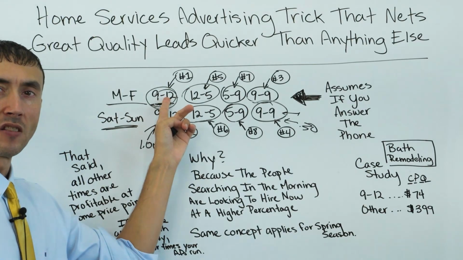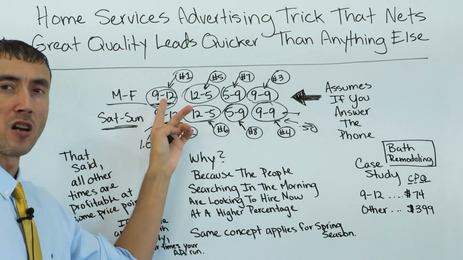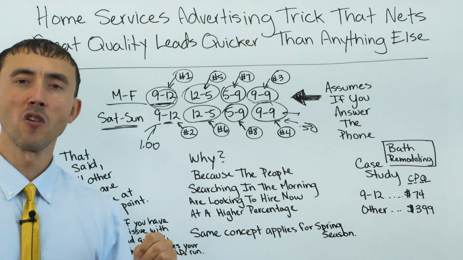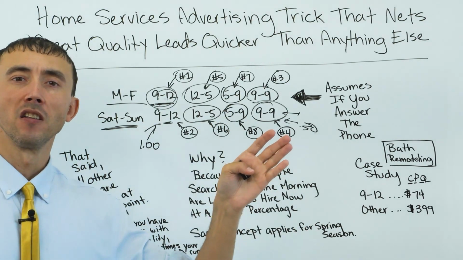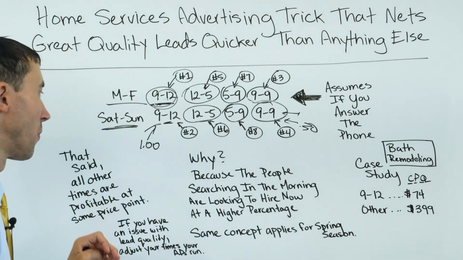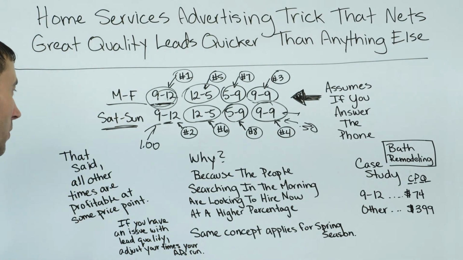The opportunities and phone calls here are better, and they convert into an opportunity at a higher rate than they will during 5 to 9 p.m. at night. Hopefully that makes sense how I explained it.